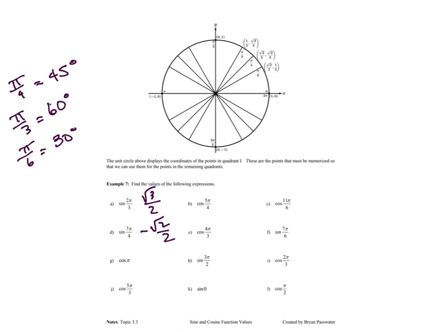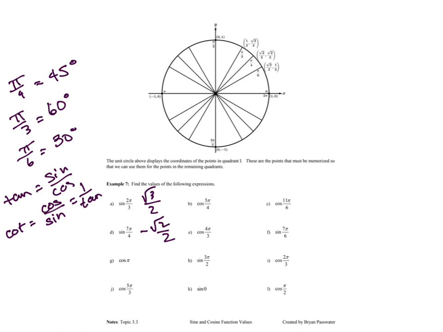Okay, the second thing you need to be able to do on the unit circle circuit is the reciprocal functions. Okay, so tangent is sine over cosine, right? Cotangent, cosine over sine. So if I need cotangent of a function, I just flip sine and cosine. You with me? Okay, cotangent is known as 1 over tangent.